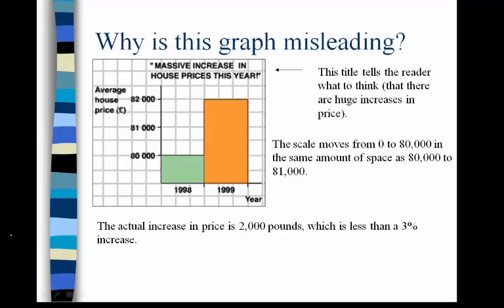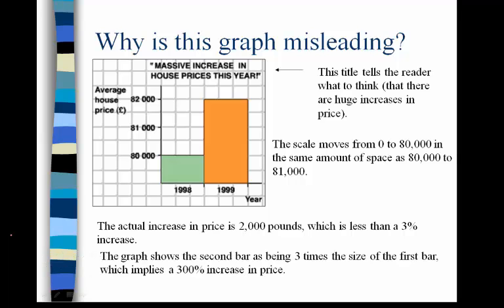The actual increase in price is 2,000 pounds, which is less than a 3% increase. The graph shows the second bar as being 3 times the size of the first bar, which makes your eye see a 300% increase.